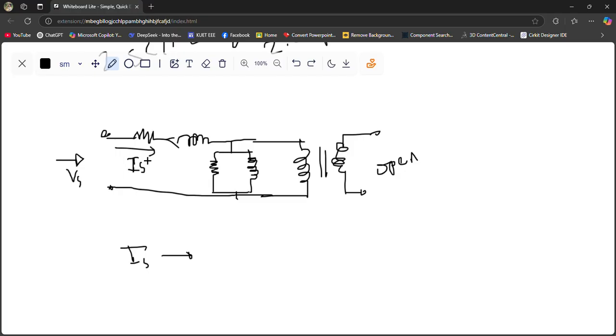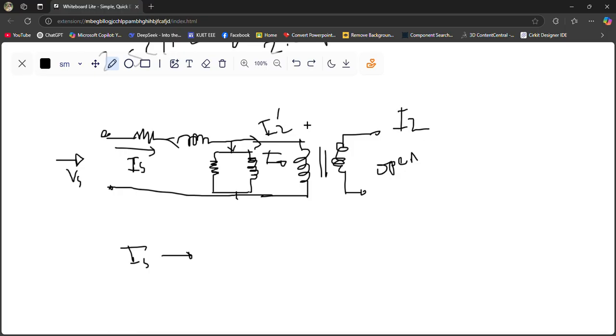That means we have to make sure that Is is completely I naught, and there should be no I2 prime current.